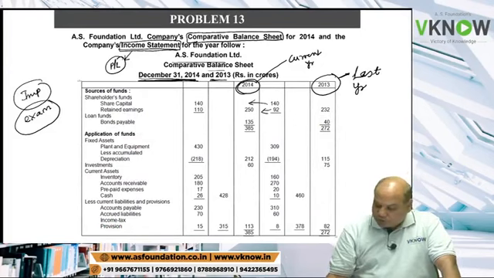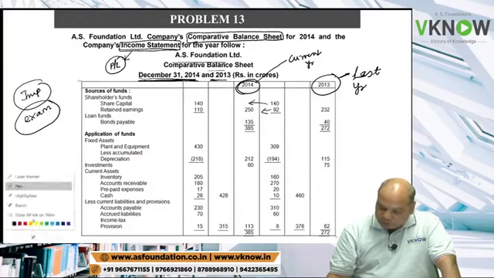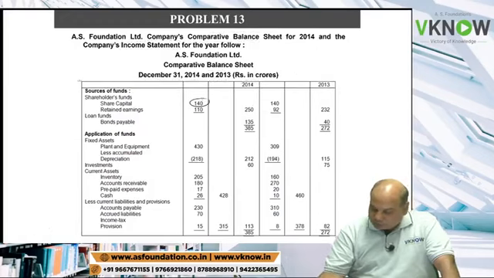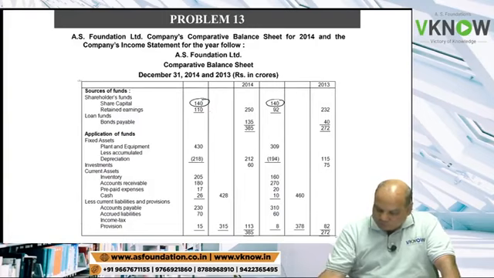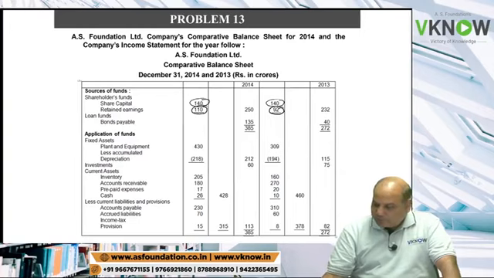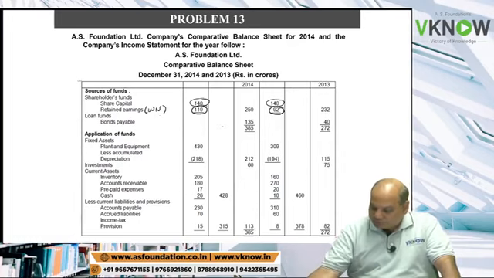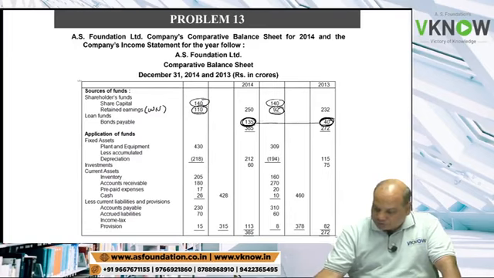So what is the first item? Share capital. Share capital is the same, no change. Retained earning is there. We'll prepare a working note for this if required. Bonds payable. Opening is 40, closing is 135.